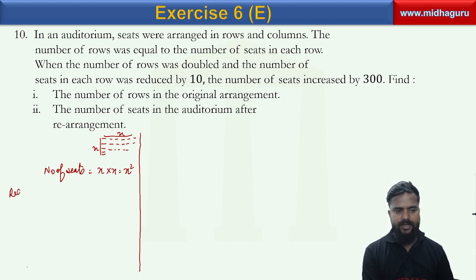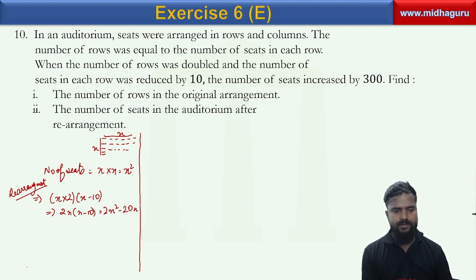Now after the rearrangement, the number of rows became double, so x into 2. And the number of seats in each row, that is the number of columns, was reduced by 10. So this will be equal to 2x into x minus 10, which will be equal to 2x squared minus 20x.